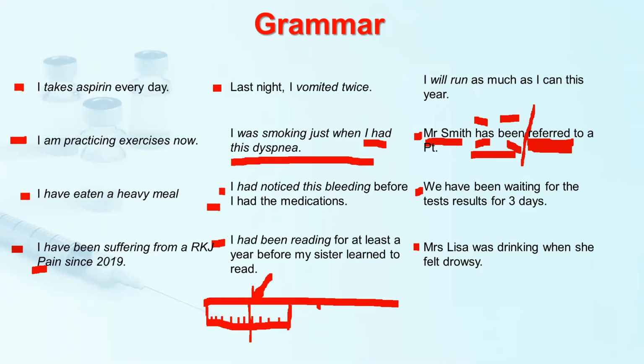This is the present perfect continuous: an event that happened in the past, but is still ongoing, still continuous till now.